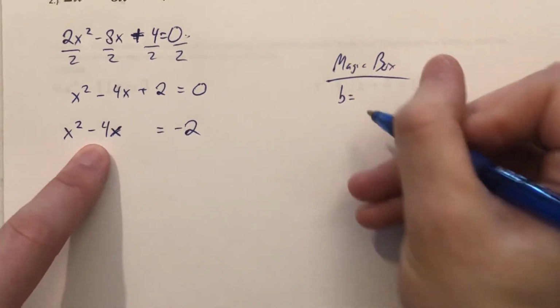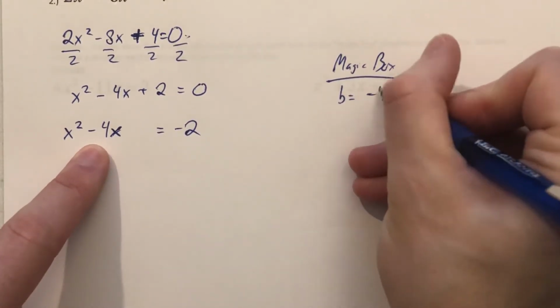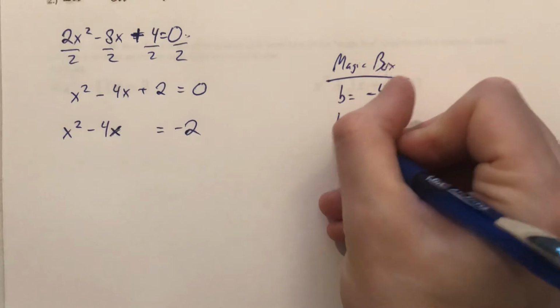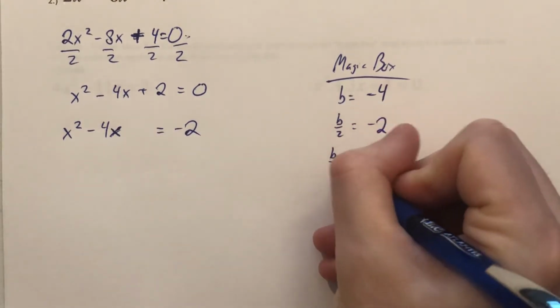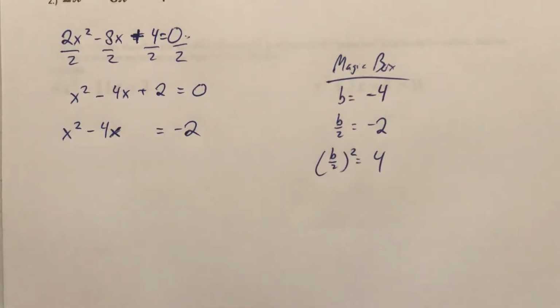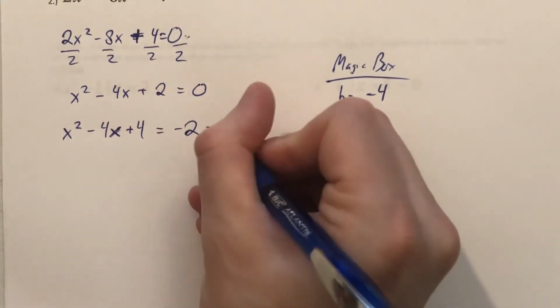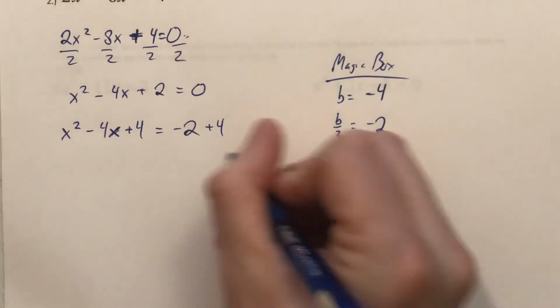In this case, we're going to use the b that's now here of negative 4. Half of that is negative 2. Squared is a positive 4. And so positive 4 will be the number that we add to both sides.